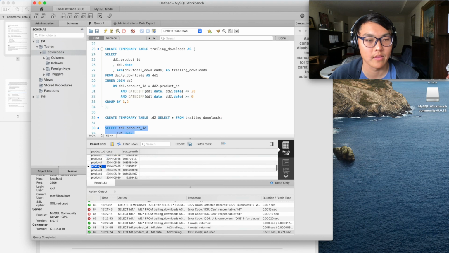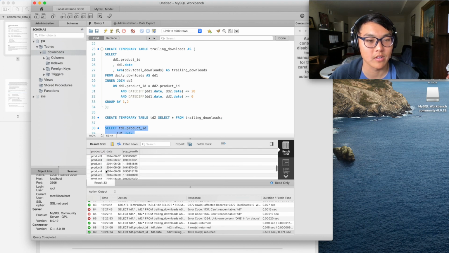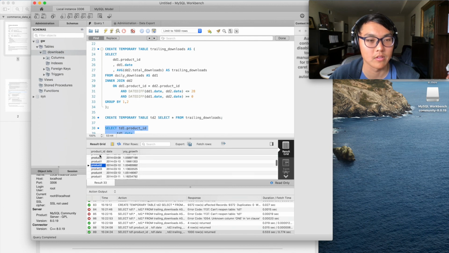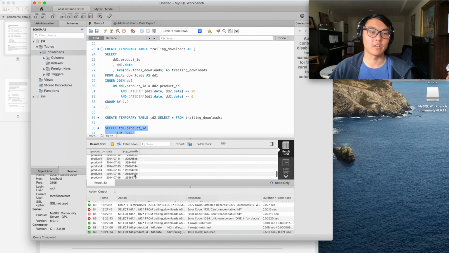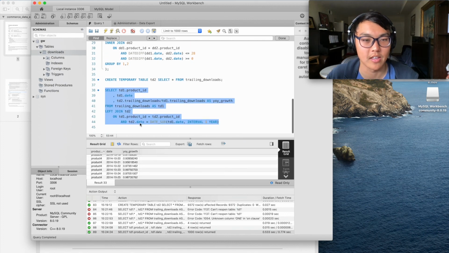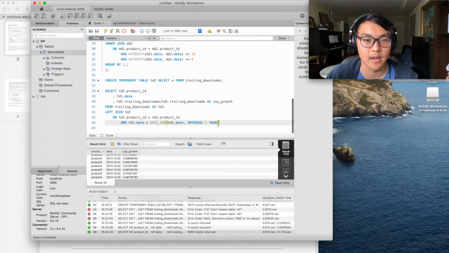But where's product 2? That's weird. Oh well, it's in here somewhere. There are 10,000 rows, so I guess it can't show everything. But yeah, I think we got that right.